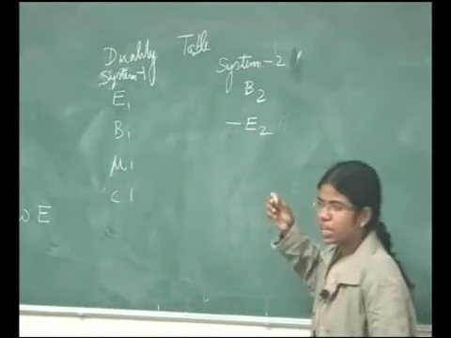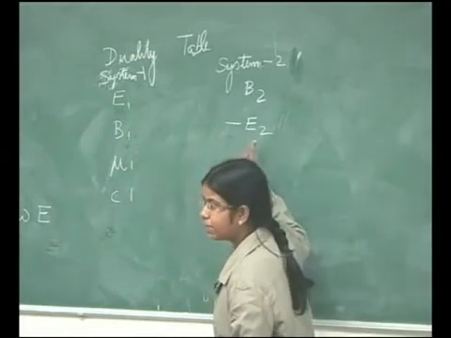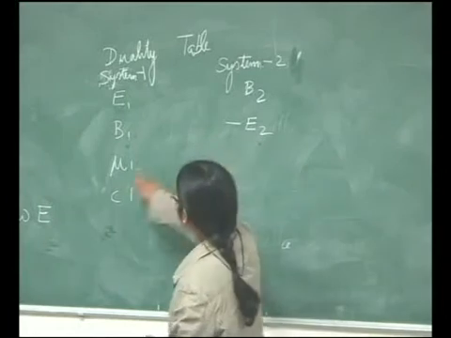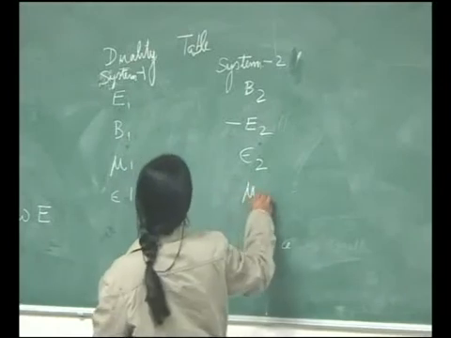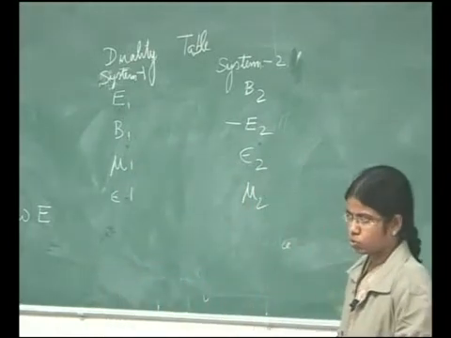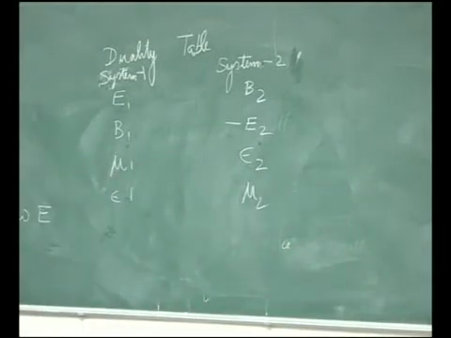So when you change B, there should be a negative sign. When you change B, there should be a negative sign. So this will become minus E2 and this will become epsilon 2 and this will become mu 2. So this is the duality interchange table. So following this table, you can in a straightforward way, from the equations that we had derived for dipole, calculate the electric and magnetic field straightforward for a loop antenna, and this is called the duality principle.